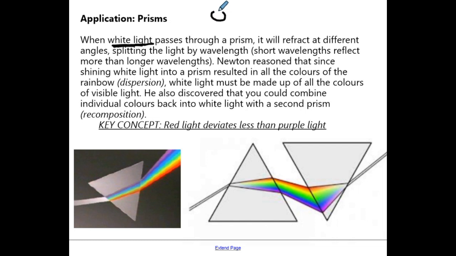What we know is that there's a relationship between sine of theta as well as the angle, which is comparable to your wavelengths. And so different wavelengths have different angle deviations, right? What ends up happening basically is that red light deviates less than purple light. That is the key principle here.